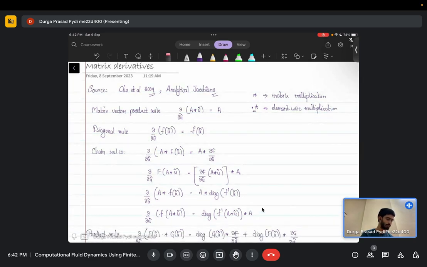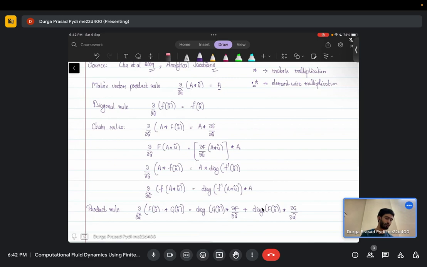The product rule is simple. If you have a matrix operator operating on u hat, that will just give you the matrix. Here A is some constant, so it's very similar to your scalar multiplication. The diagonal rule tells you, f of u hat is some vector where f is an element-wise function. What I mean by an element-wise function is, say your u hat is x, y and f of u hat is some square function.